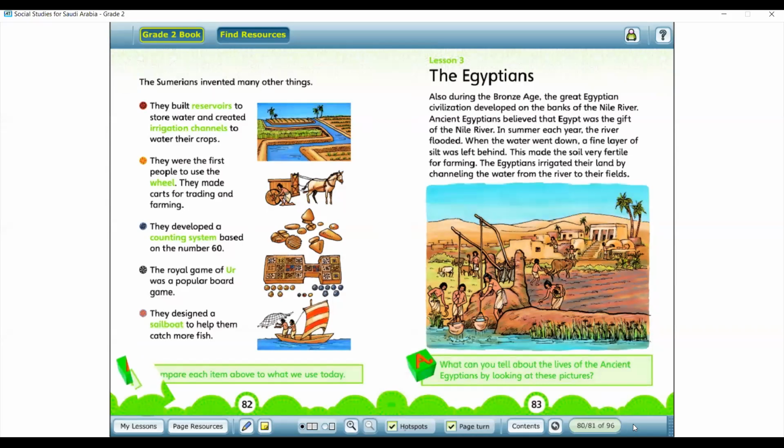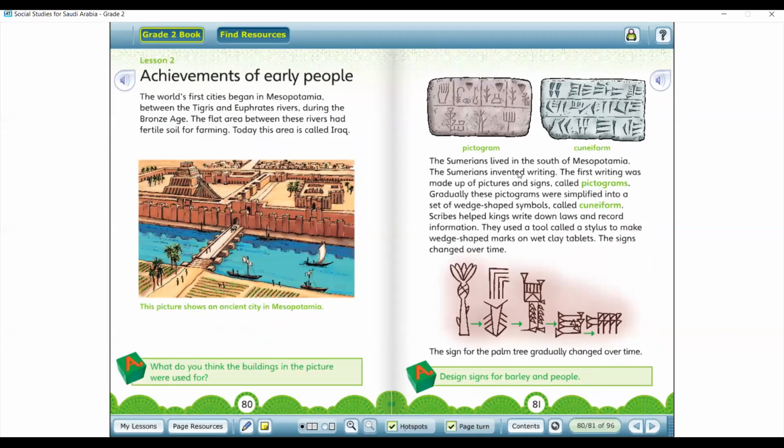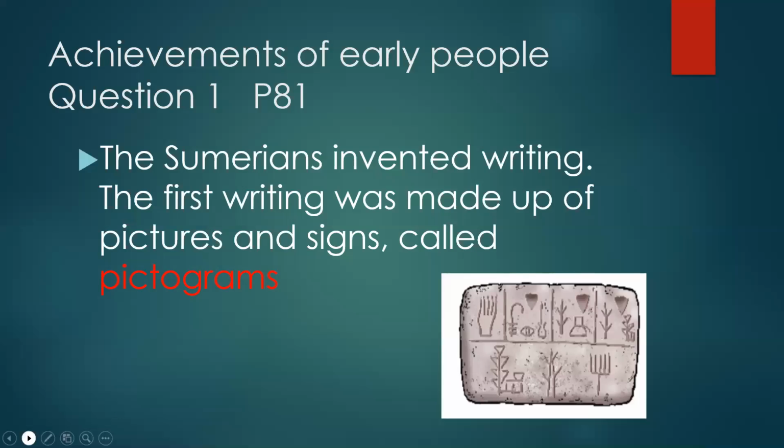Let's go to page 81 together. Right. Here it is. The first writing was made up of pictures and signs called pictograms. That is found in the 3rd line on page 81. Our next question, question 2.